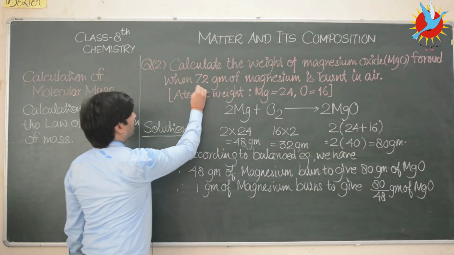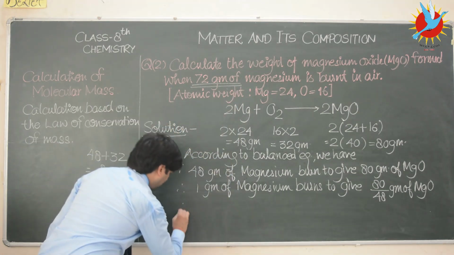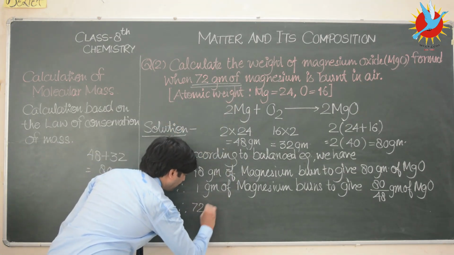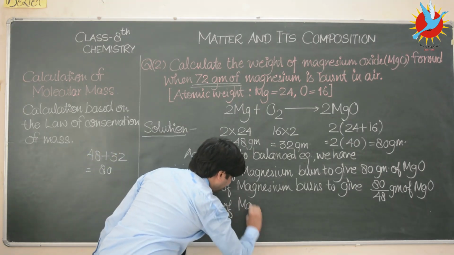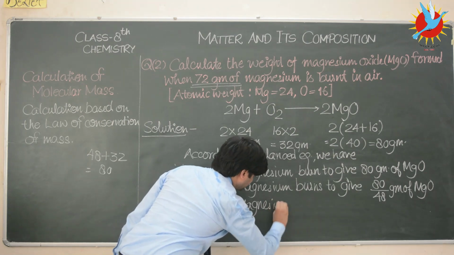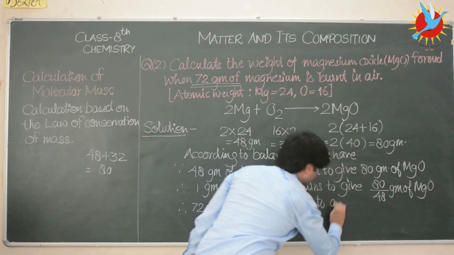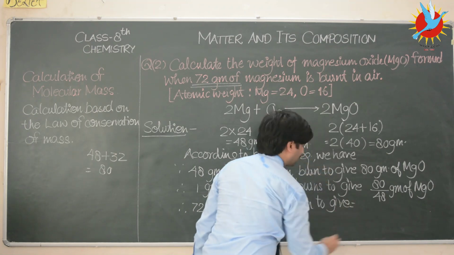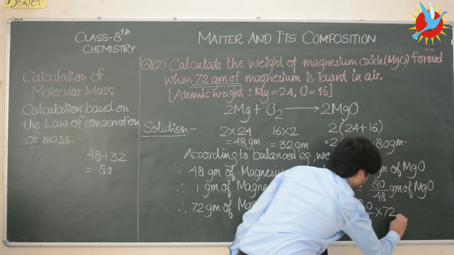But according to our question, we have 72 gram of magnesium. So that's why 72 gram of magnesium burned to give 80 upon 48 into 72.